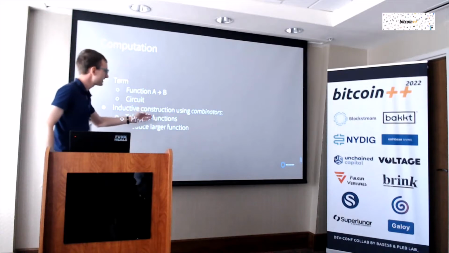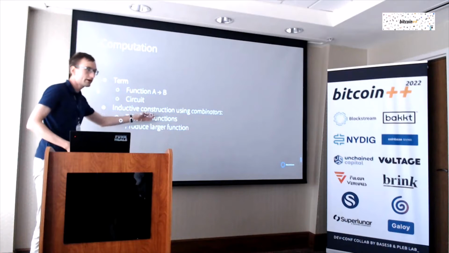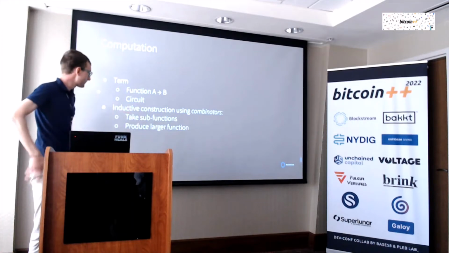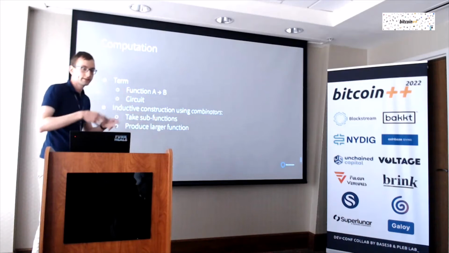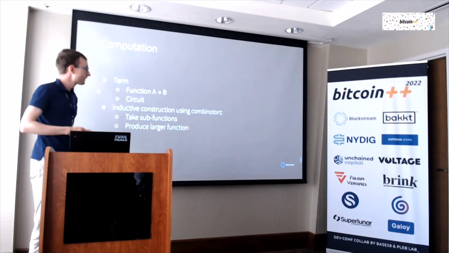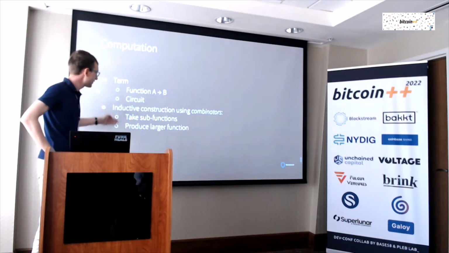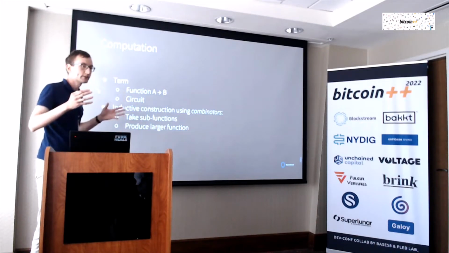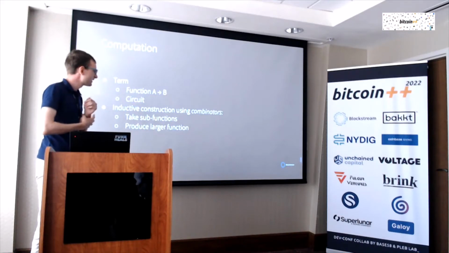So we have combinators that enable us to take sub-functions, 0, 1, 2, and then it produces a larger function. And by stacking these gates, we can create all the circuits we need. Just like the high-level idea.